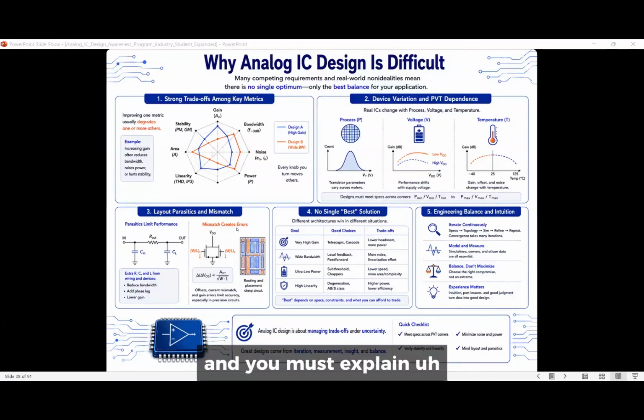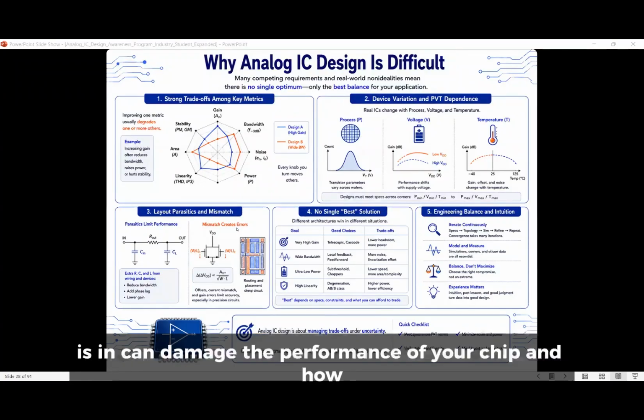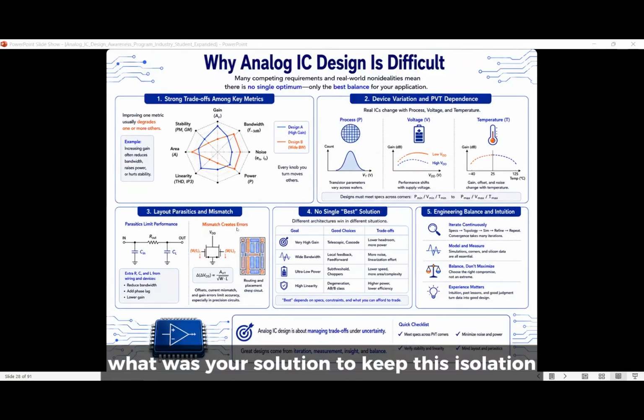And you must explain explicitly why this trace can damage the performance of your chip, what your solution is to keep this isolation, and what would be the practical way to do it.